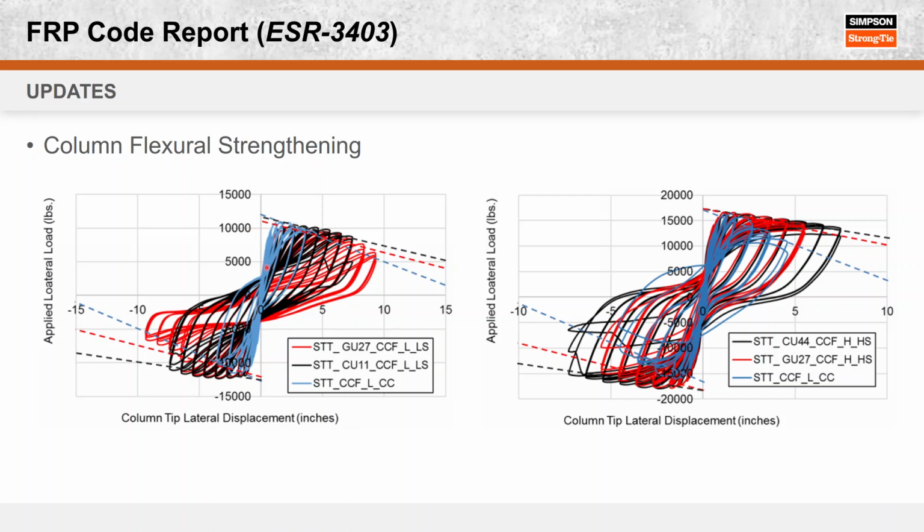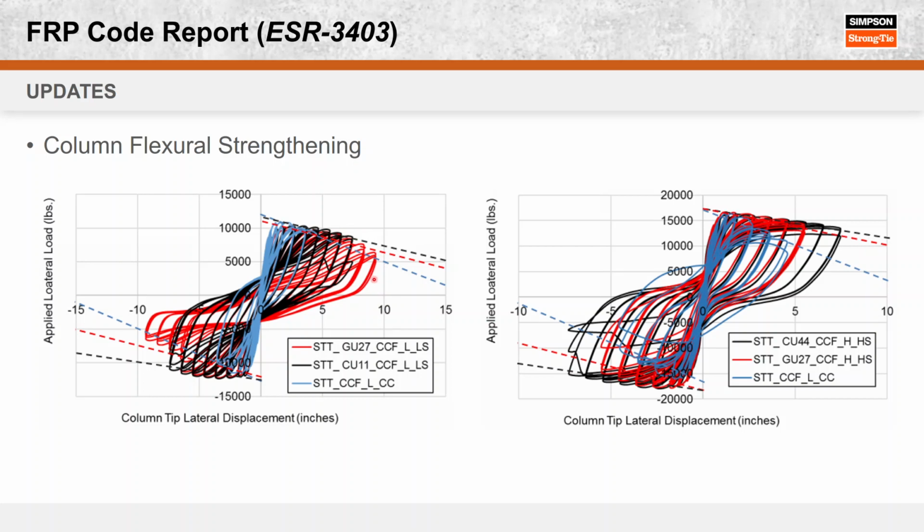The blue specimen had no FRP, and you can see that after it deformed maybe 3 inches, right here, that was when it failed. But the specimens that had FRP, the one with carbon FRP looks like it made it about 7 inches, and the one with glass FRP looks like it made it about 9 inches.